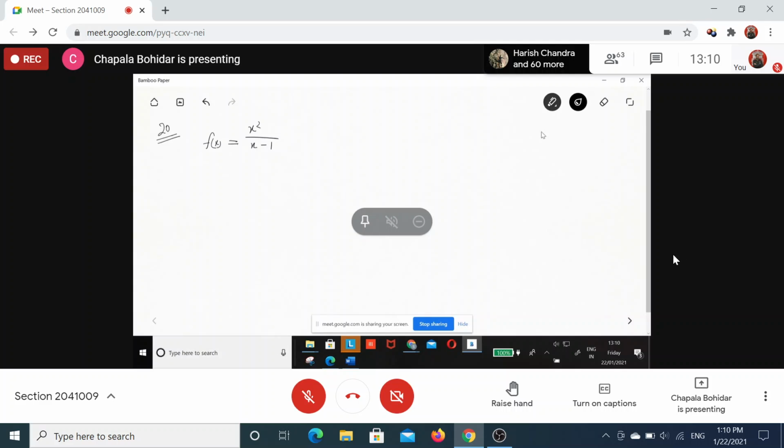The question is asking, find the local maximum and minimum values of f using both first and second derivative test.